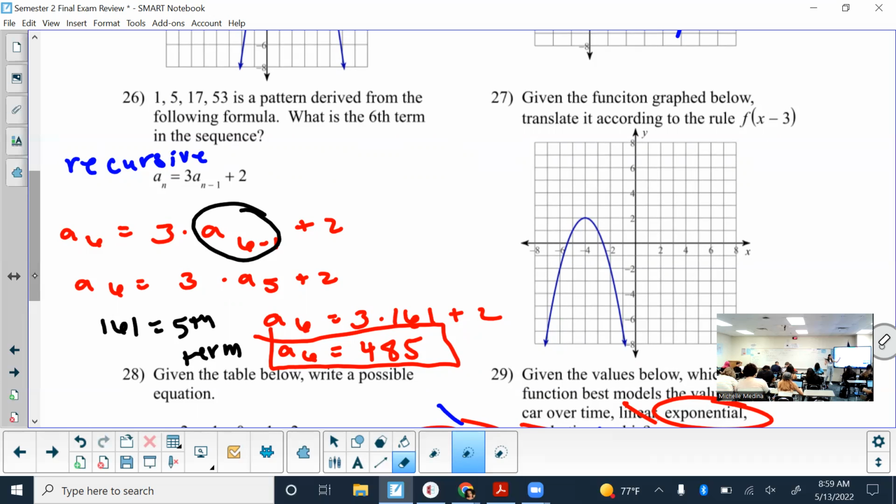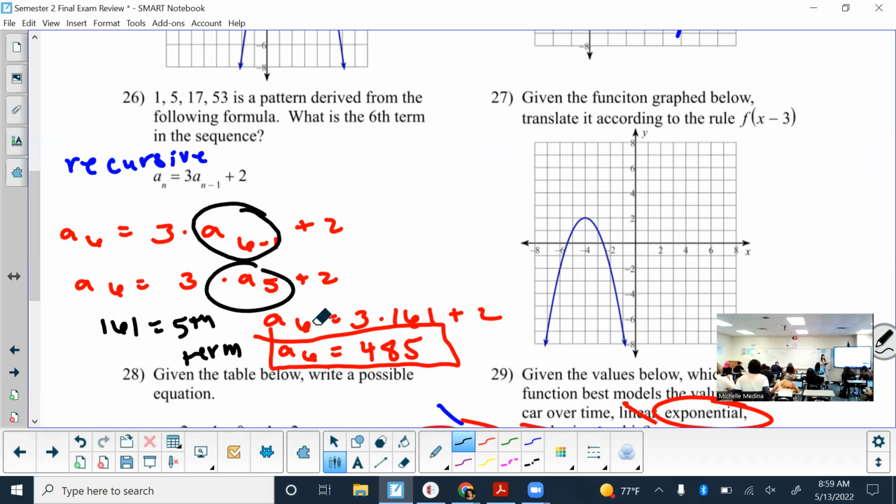All right, so that's my 5th term. That's what replaces the a sub 5 right there. Make sense? So then when we're looking for our 6th term, we have 3 times the 161 plus 2, and we get 485. All right, so it is kind of a weird problem, but just look at the rule.